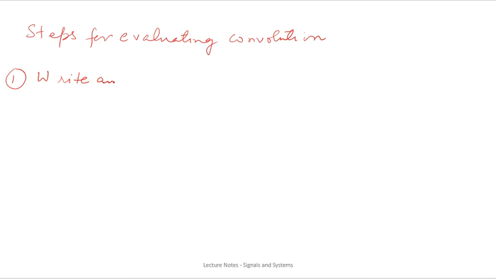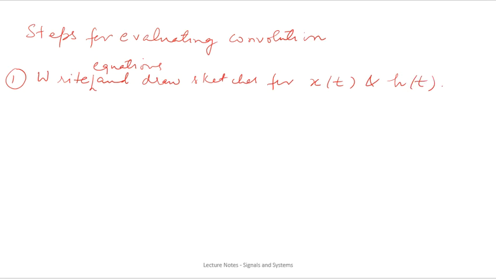Steps for evaluating the convolution. The first step is to write the equations and draw sketches for x(t) and h(t).